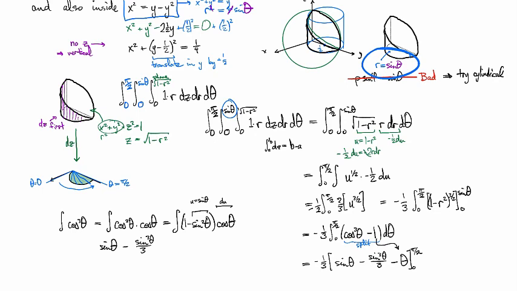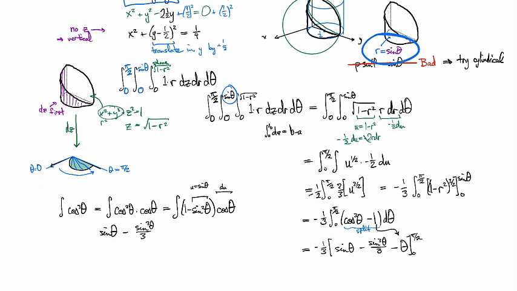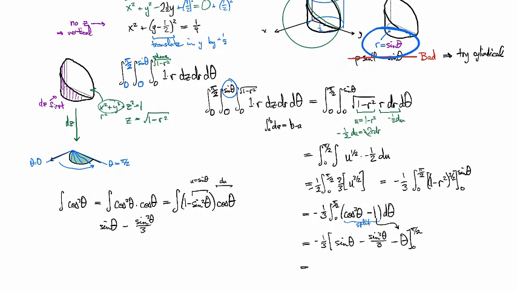And all of these things are 0 at 0, so I just have to collect them up when they are at pi over 2. So we have minus 1/3, 1 minus 1/3 minus pi over 2, in round parentheses now. And so that becomes pi over 6 minus 2 over 9.